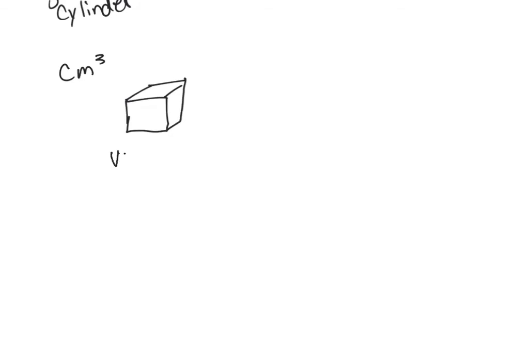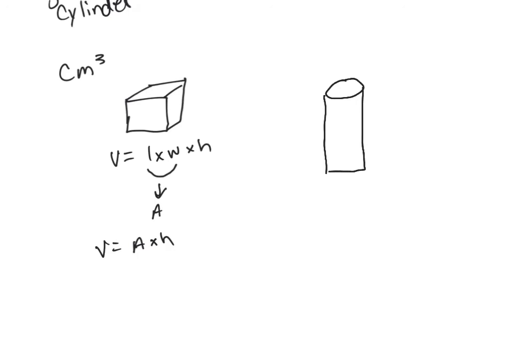The volume is going to be equal to the length times the width times the height, right? Well, if we combine the length and the width, what we get is the area, right? So then we can say that volume is equal to the area times the height. And the reason that it's important to make that distinction is because that allows us to then solve the volume of other shapes, such as a cylinder.